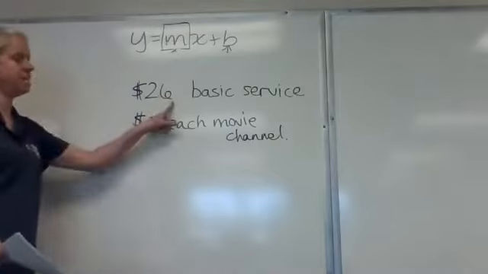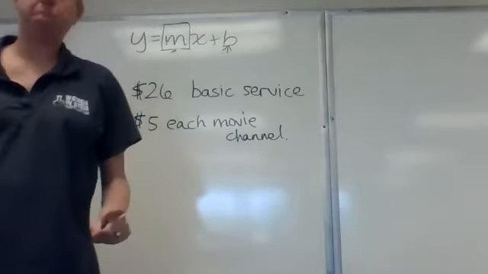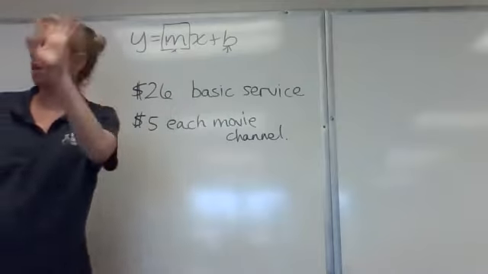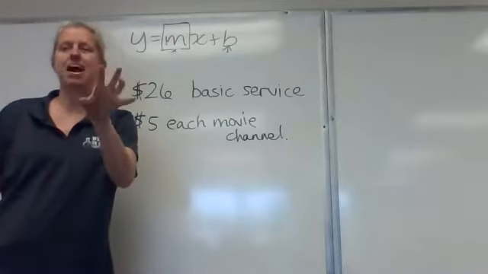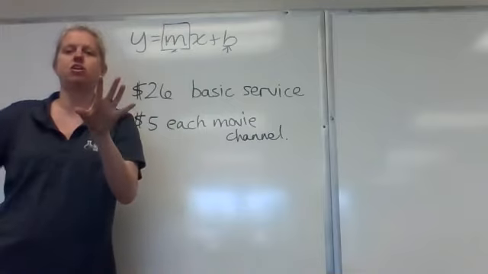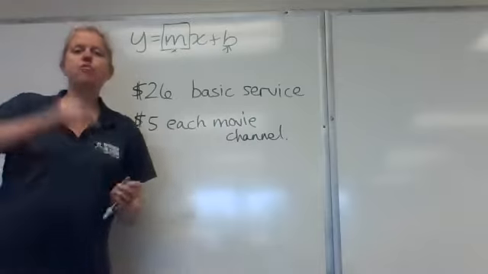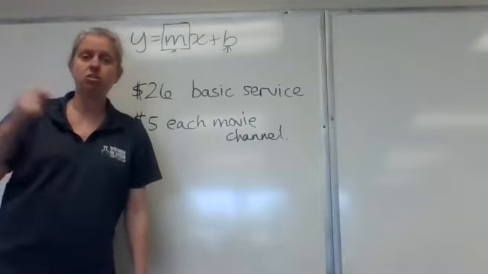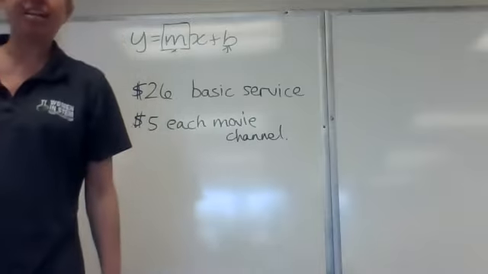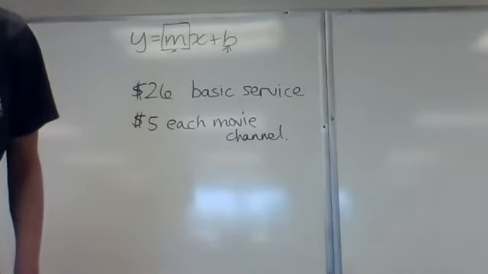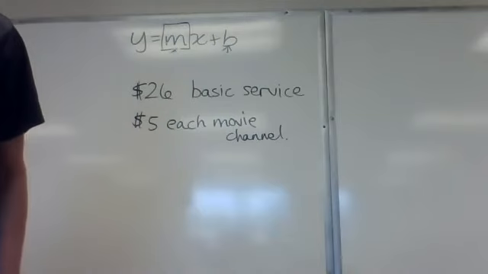Okay, so what this says is no matter what, your bill is going to be $26 up front, right? Everybody's getting charged the $26 just for having the cable. Now, every time you add a movie channel, you're going to have to add $5 a month.